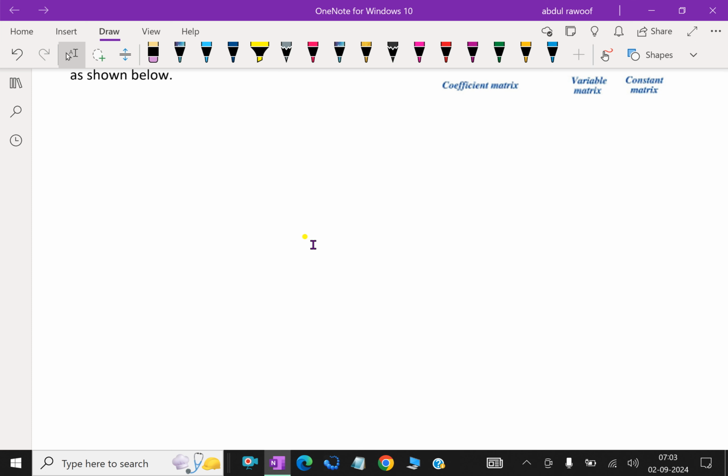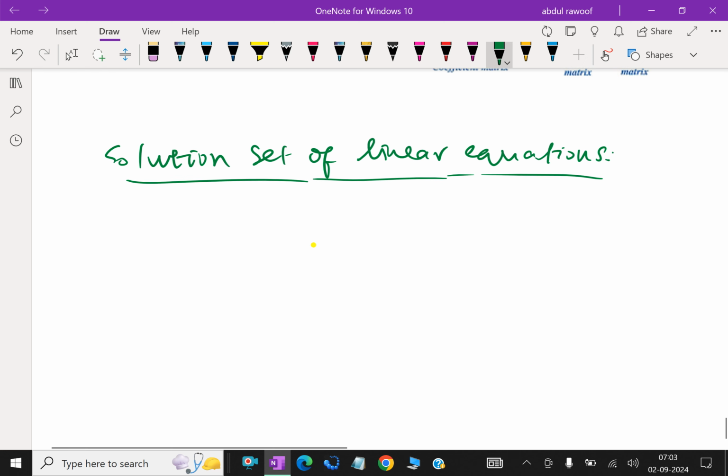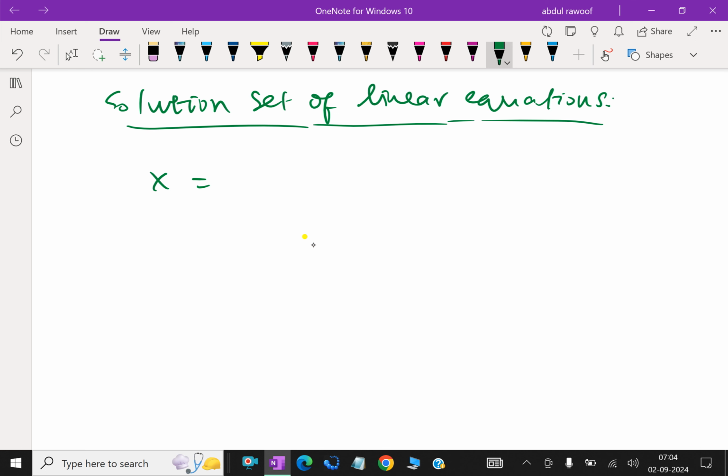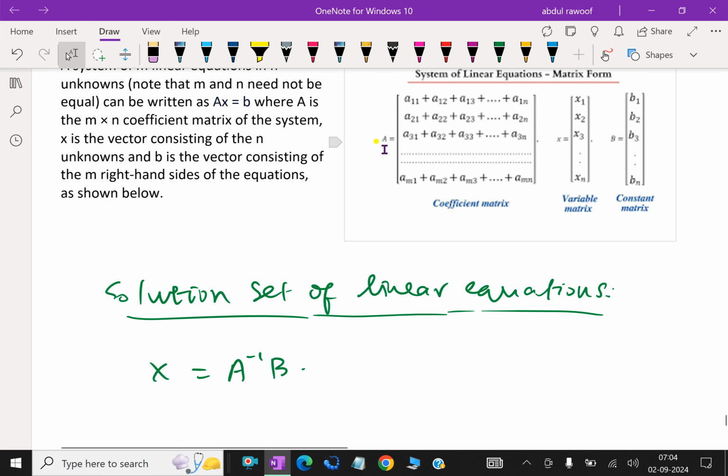Next one, solution set of linear equations. That is generally the x values equal A inverse B. This X is a solution matrix which is equal to the inverse of the A matrix times B. That means here in the system of equations, this matrix A is here, X matrix here, B matrix here.